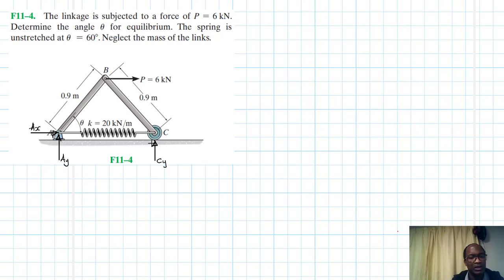Alright, once we've done this, then we need to apply a virtual displacement. This can either be translational or rotational. So we are able to apply that at point A, at point B, or point C. It's really up to you. The solution still remains the same. For me, I'm going to apply a virtual translational displacement at point C. Okay, so I'll apply a virtual displacement in this direction like this.